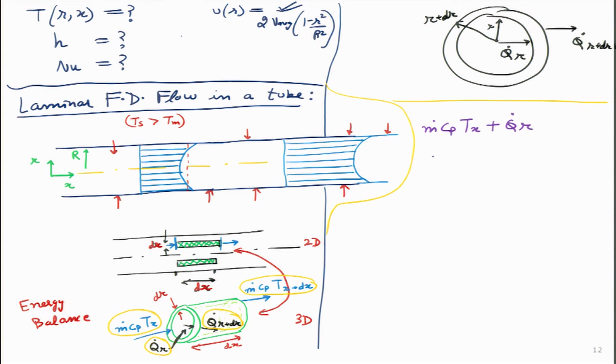These are the terms which are entering, and what are the terms which are leaving? M dot Cp Tx plus dx, and what is leaving it is q dot r plus dr. So, what I have done essentially is energy in is equals to energy out.